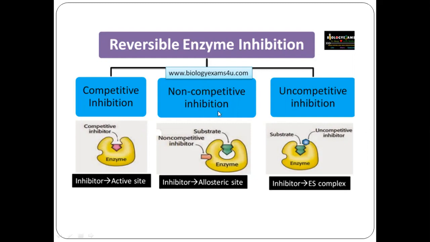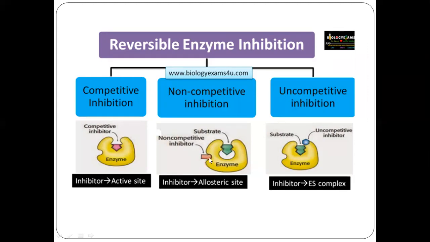Non-competitive inhibition. Here this is the active site of an enzyme, and this is the allosteric site. Here the inhibitor will not bind with the active site, but first it comes and sits here at the other side of the enzyme, that is known as the allosteric site.